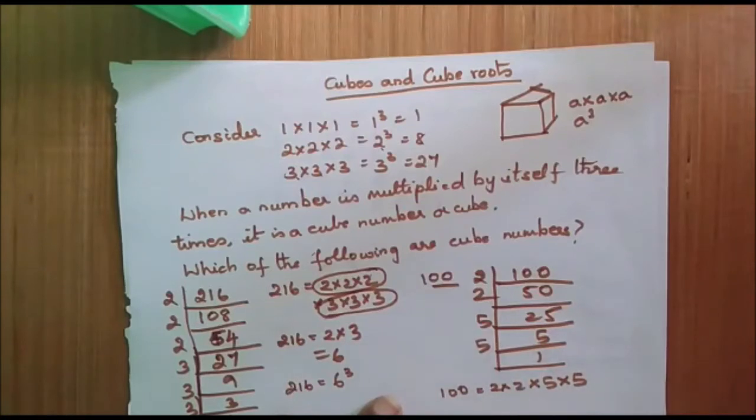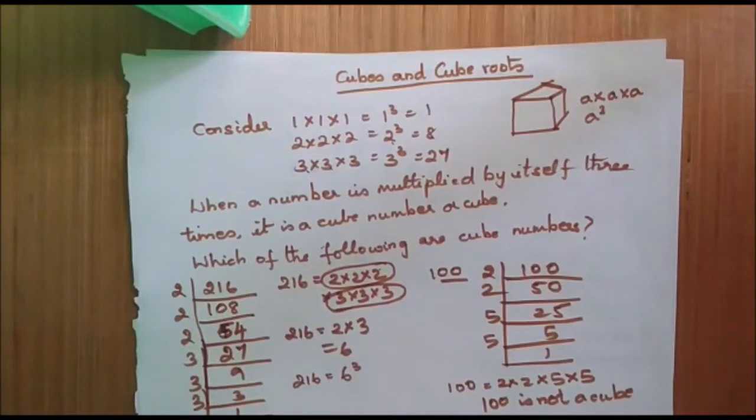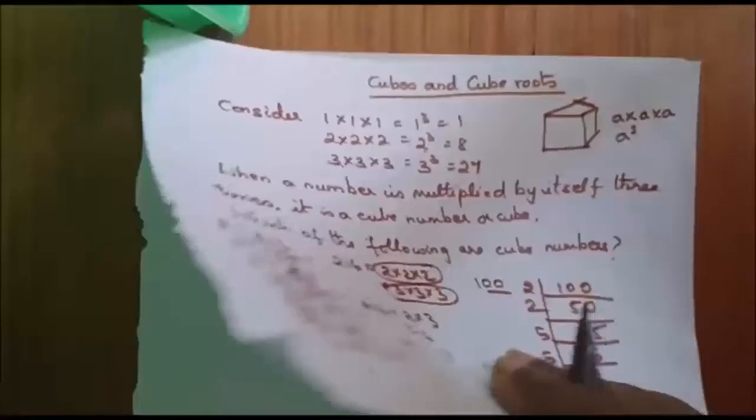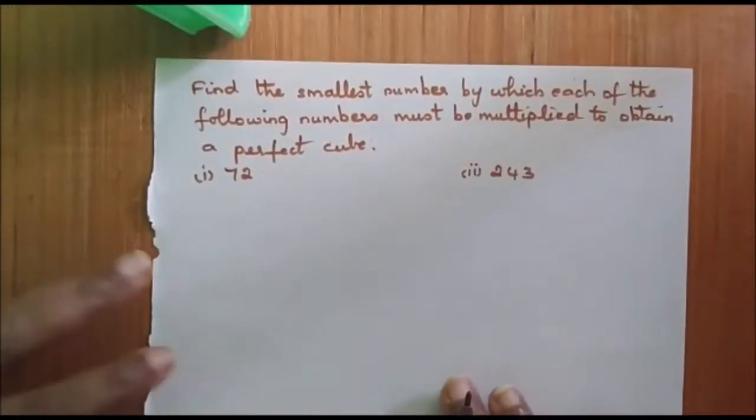Now they do not occur in the form of triplets. There are only two 2s and two 5s. So 100 is not a perfect cube, whereas 216 is called a perfect cube. Now let us go to the next problem.